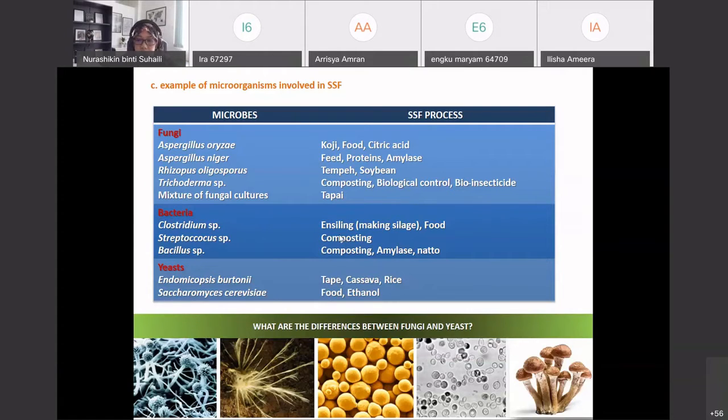Composting is the production of compost. Bacillus for amylase. Saccharomyces cerevisiae for food, this one is for production of bread, and for production of ethanol. Ethanol is more common for liquid fermentation, but there is solid state fermentation that can produce ethanol.